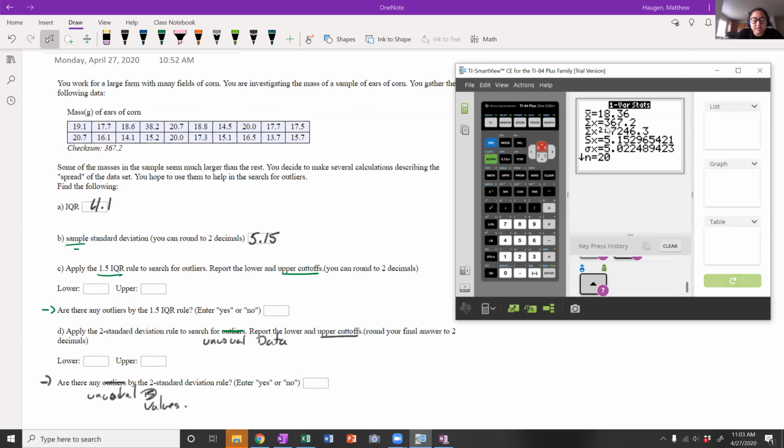It's 7.99. Yeah, notice on the problem, it says checksum 367.2. The reason it's giving us that checksum is so we can check to make sure it's typed in right. So if you're not getting that checksum, there's some number in there that's wrong. Could be a decimal point.